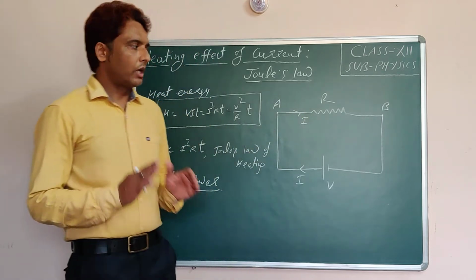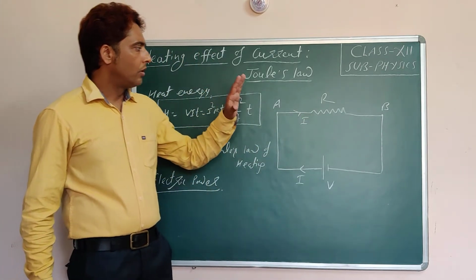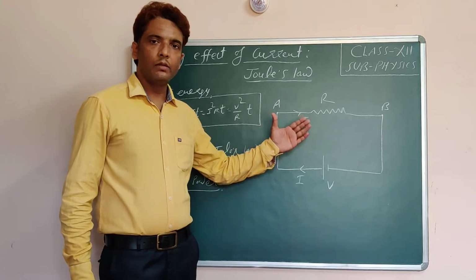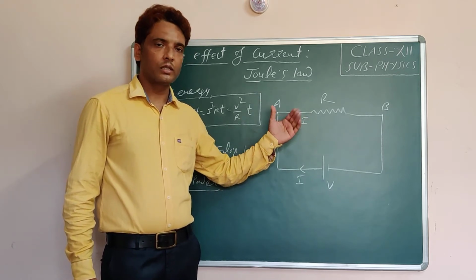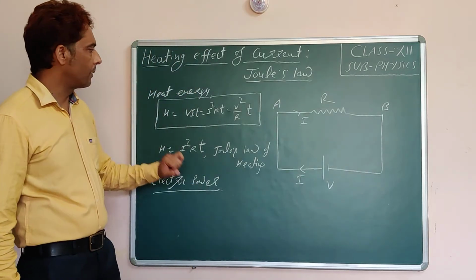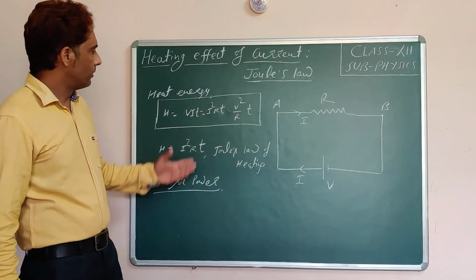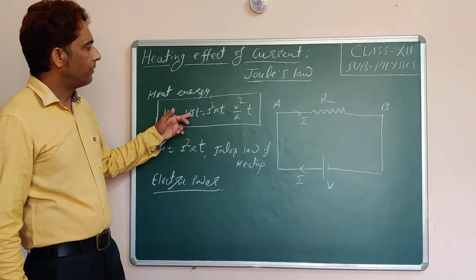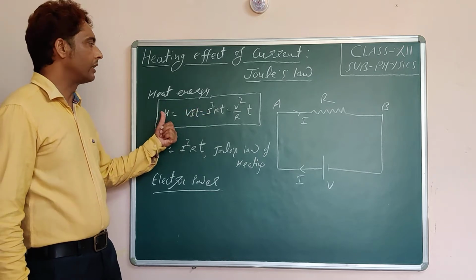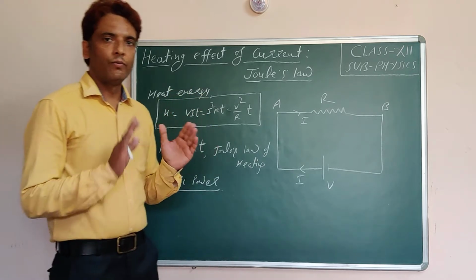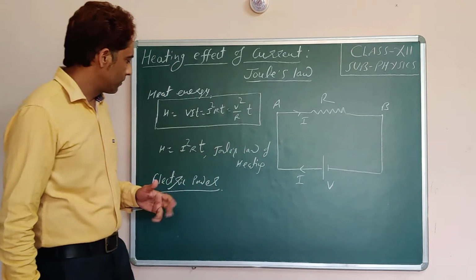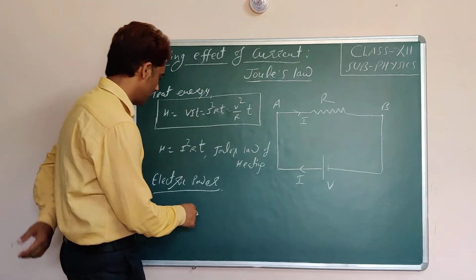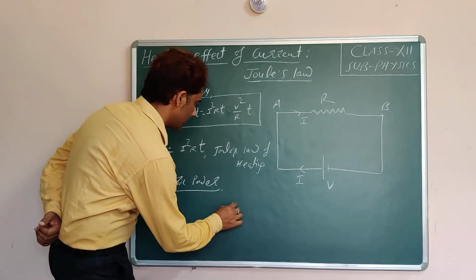So the rate of doing work in maintaining the flow of electric current in a circuit or in a conductor is known as electric power. Actually this is heat energy, but this is equivalent to the work done in maintaining the flow of electric current in a conductor.